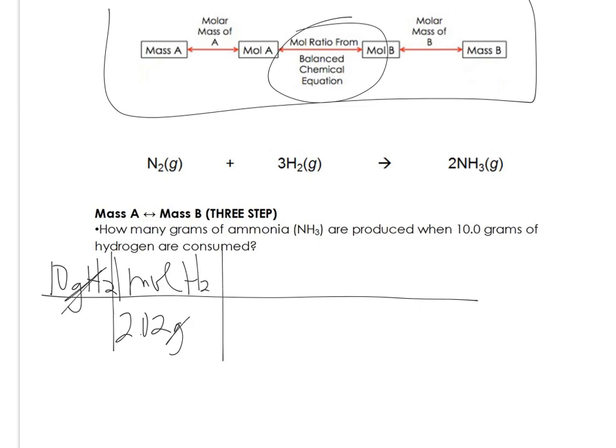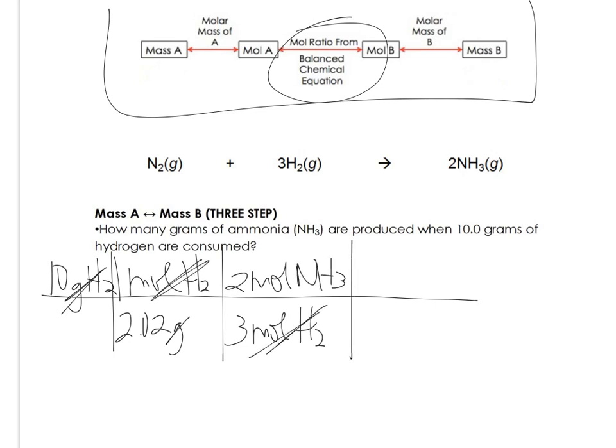Then from my equation, I know for every 3 moles of hydrogen, I make 2 moles of ammonia. And then they want grams. So 1 mole of ammonia, 17.04 grams.